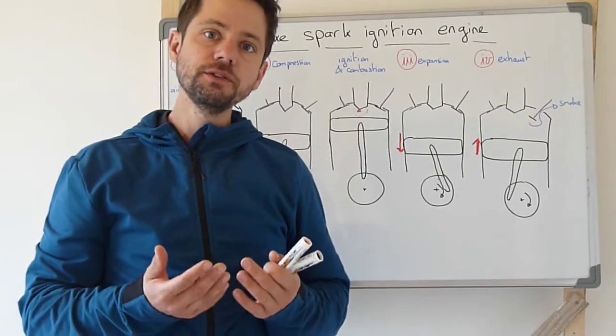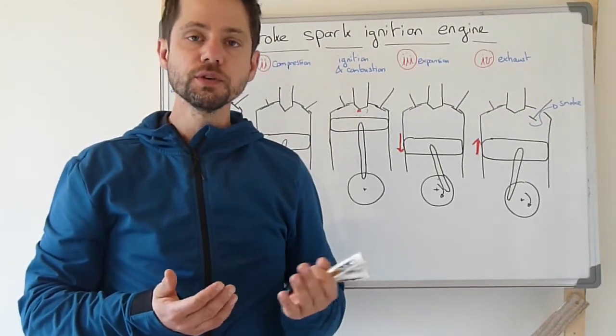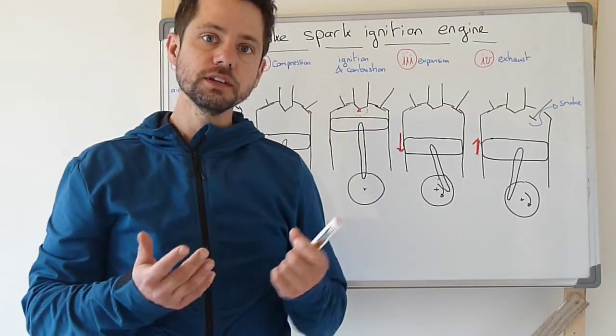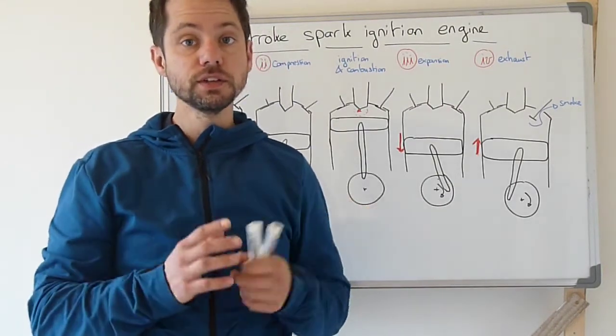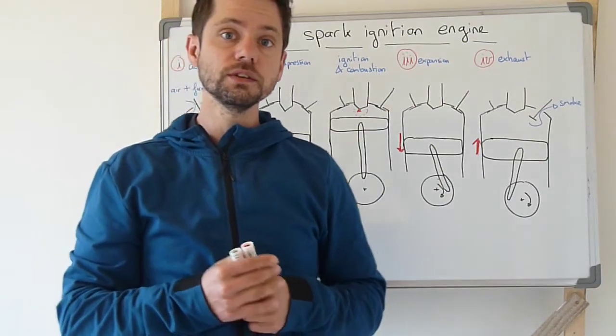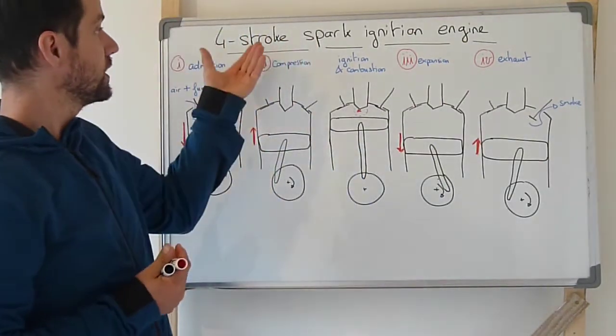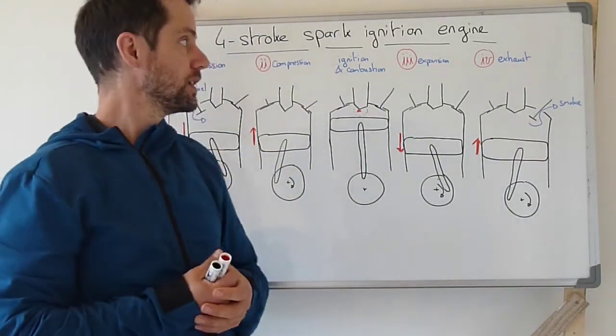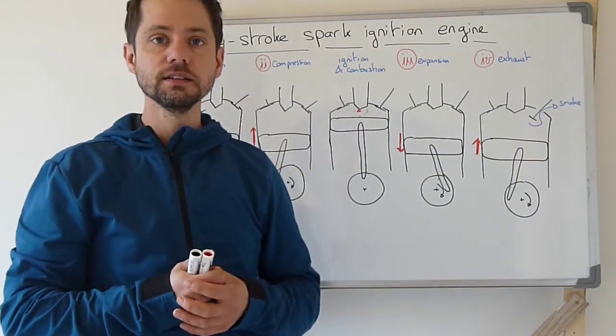There are different types of reciprocal internal combustion engines. One first way of categorizing these different engines is to count the number of strokes that are necessary for the thermodynamic cycle that we have in the engine.